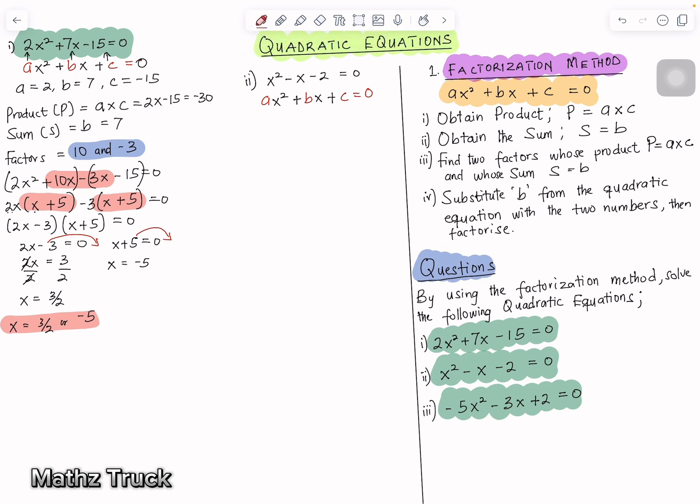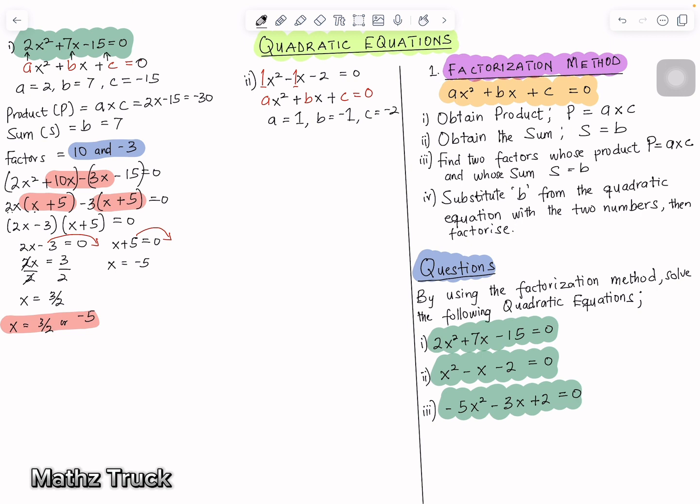Now, comparing the various coefficients, you will determine that the coefficient of x squared is 1, and the coefficient of x is negative 1. So, writing the various coefficients, a equals 1, b equals negative 1, and c equals negative 2.